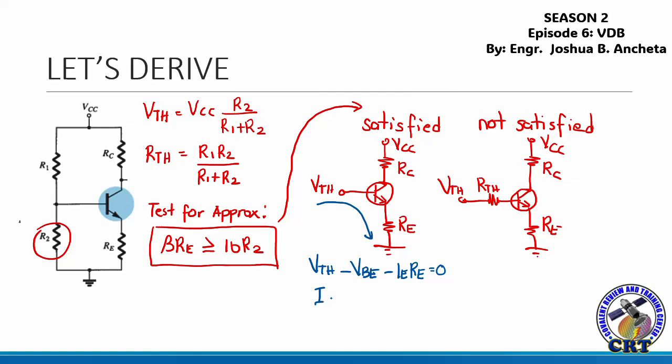And we can approximate IC approximately equal to IE. For the second figure, the equation is VTH minus IB times RTH minus VBE minus IE RE equals 0.